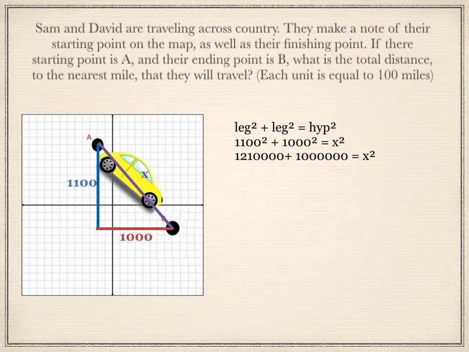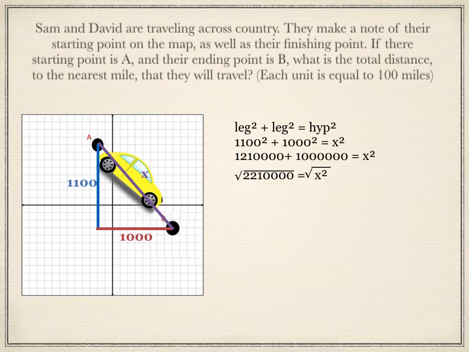Then we do that out and take the squares, so we get 1,210,000 plus 1 million is equal to x squared. Add those together. Now we want to get rid of that square on the x, so the opposite of squaring is square rooting.